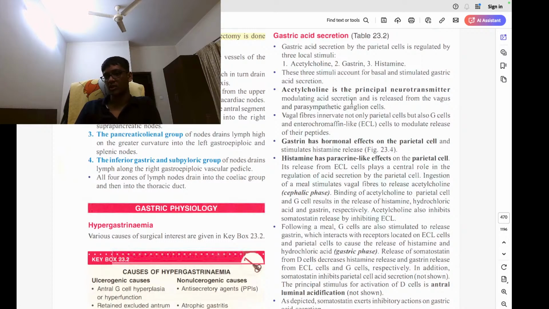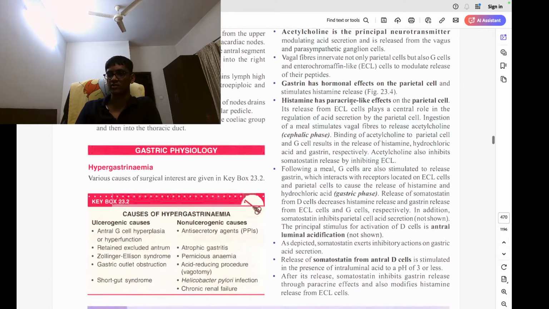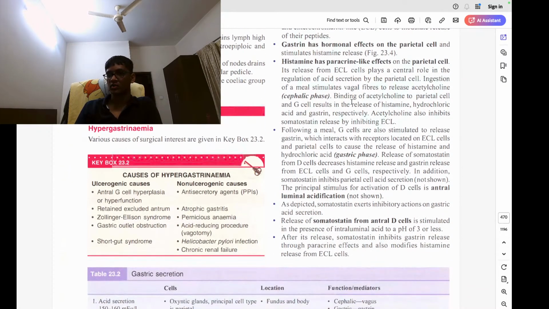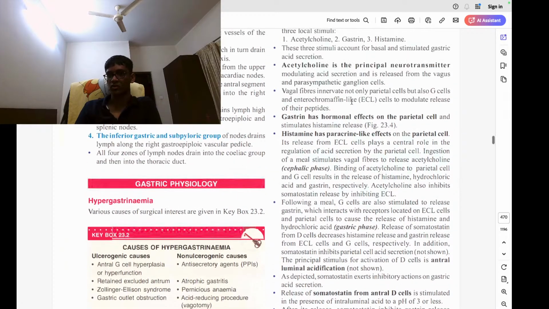Histamine has a paracrine-like effect on the parietal cell, and its release from enterochromaffin-like cells plays a role in the regulation of acid secretion by parietal cells. Then ingestion of a meal stimulates vagal fibers to release acetylcholine, which leads to the cephalic phase.